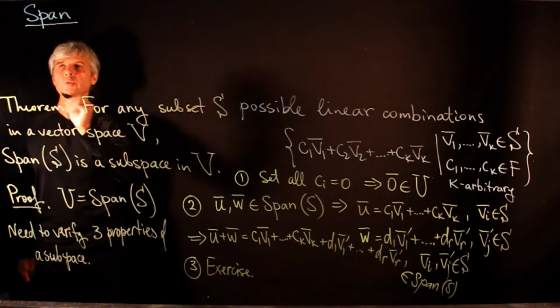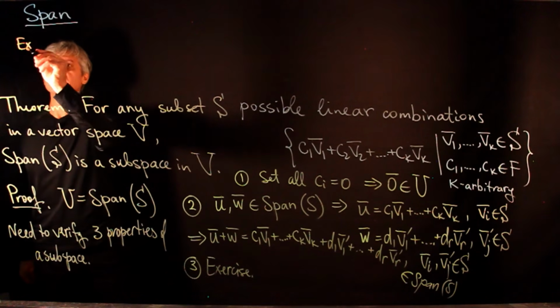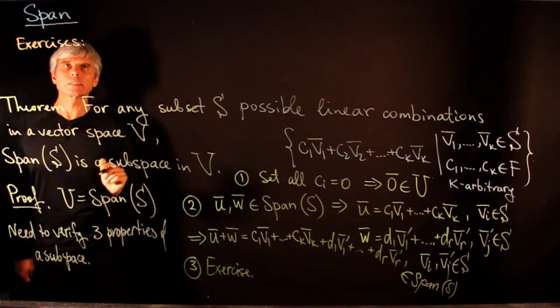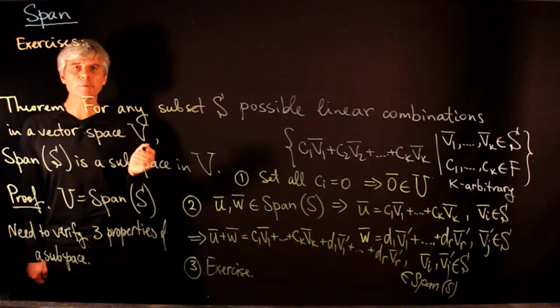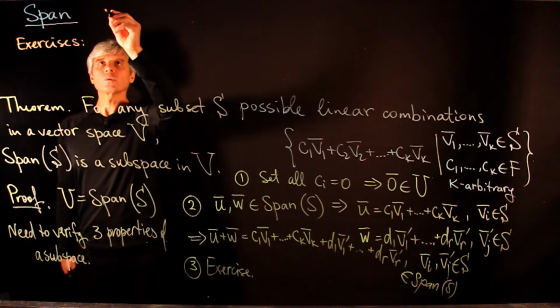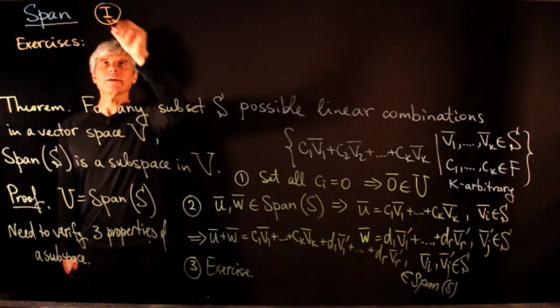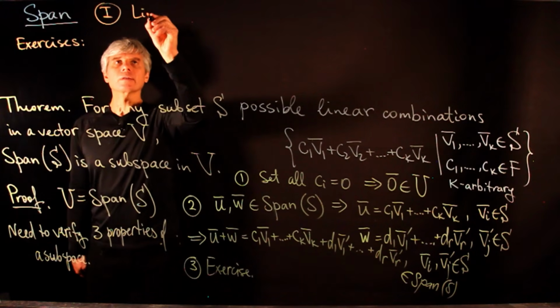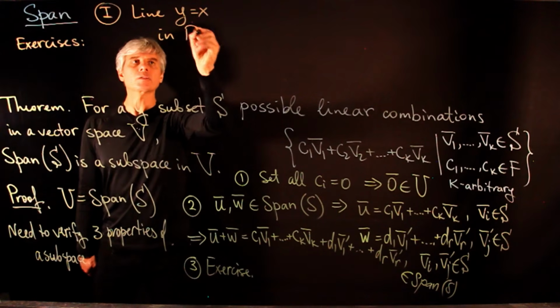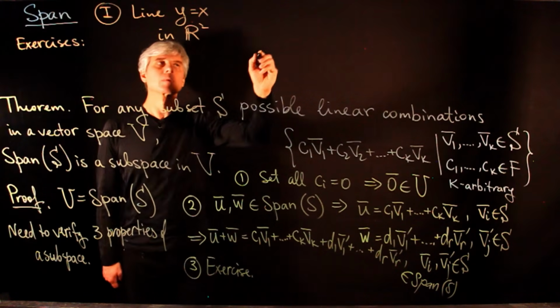Let me assign you the following exercises. So consider some of the subspaces that we discussed today, right? So first, we have a line y equals x in R2. 2.